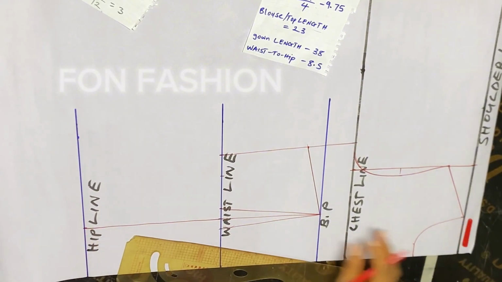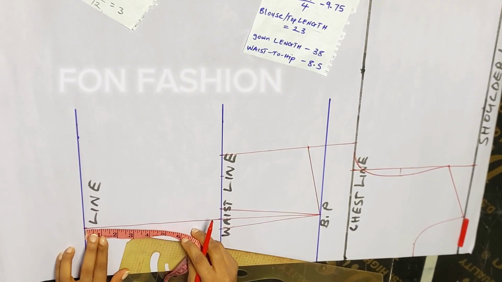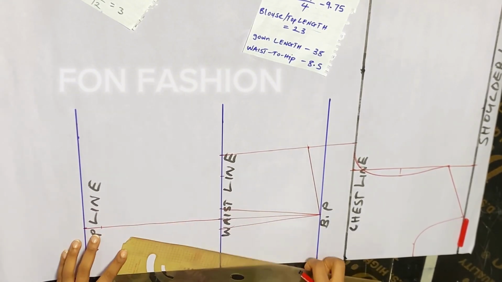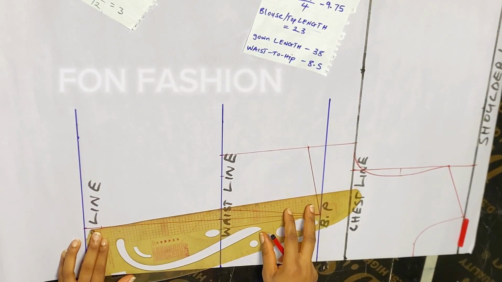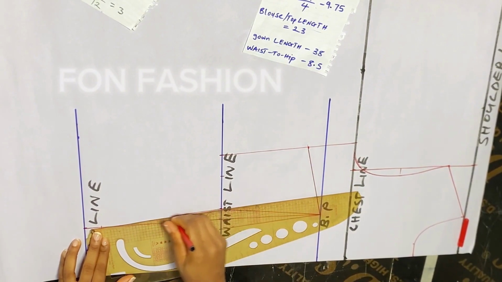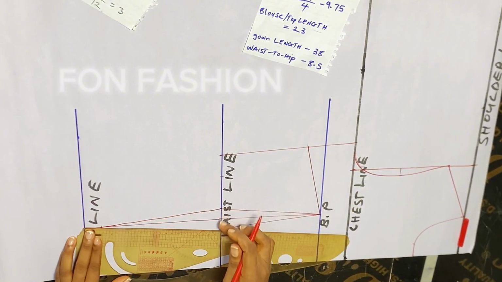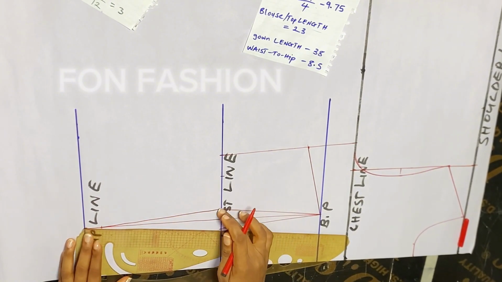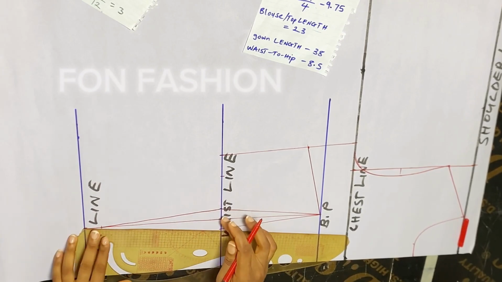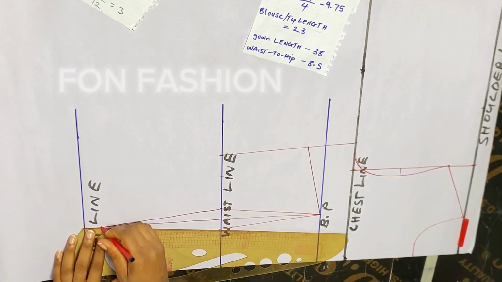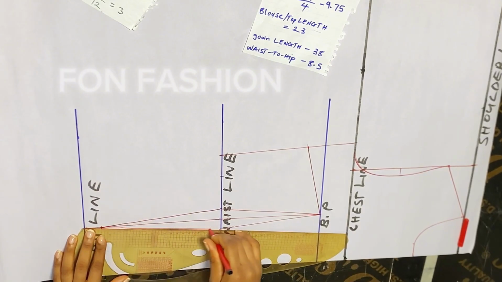Then you come to the hip line and measure 1 inch up and connect this dart intake to the 1 inch that you have marked, like so. If it is 1 inch that you took out as your dart intake, then you just need to take it down like so.